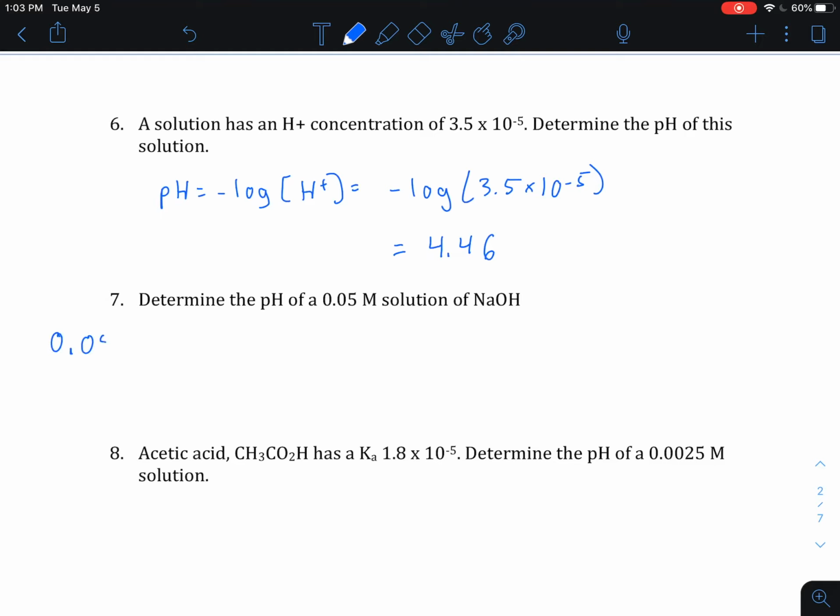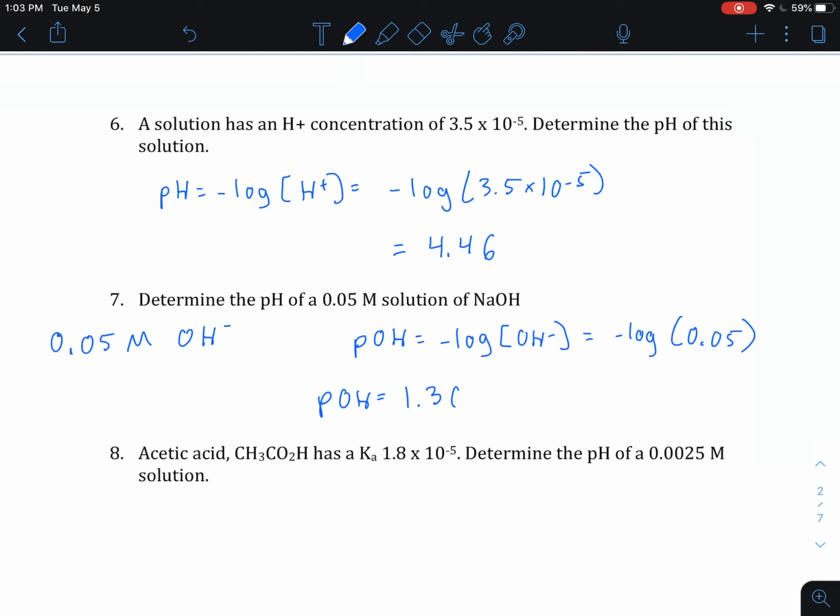Number 7, it says determine the pH of a 0.05 molar solution of NaOH. So in reality, that means it's 0.05 molar OH minus. So probably the best way is to get the pOH and then take the pH. So the pOH would be the negative log of the OH minus concentration, and that's the negative log of 0.05.